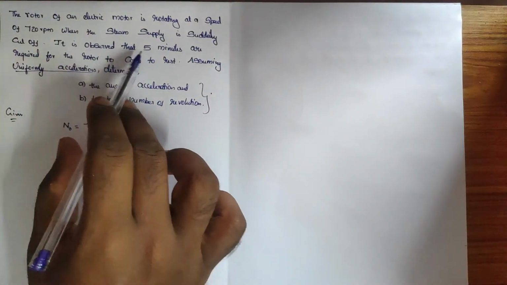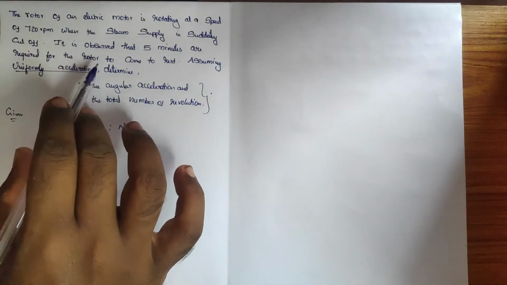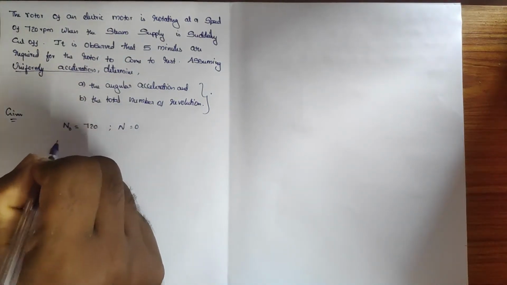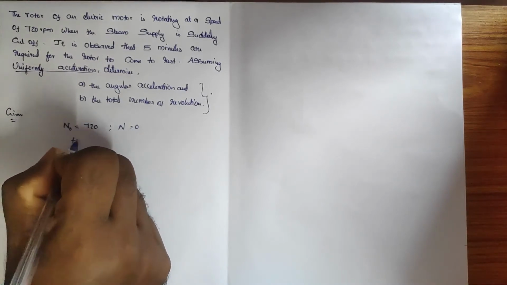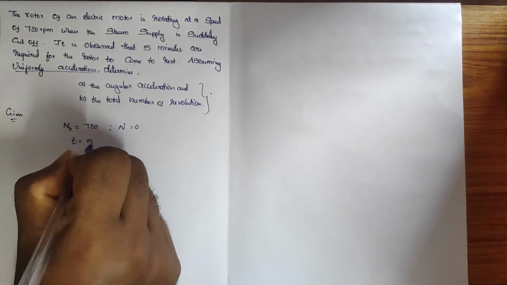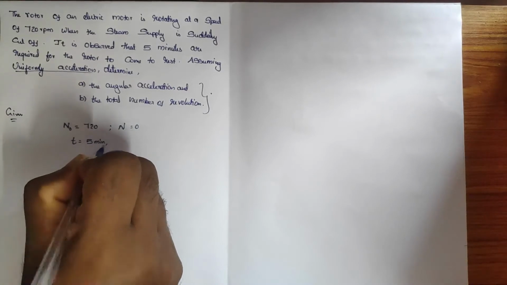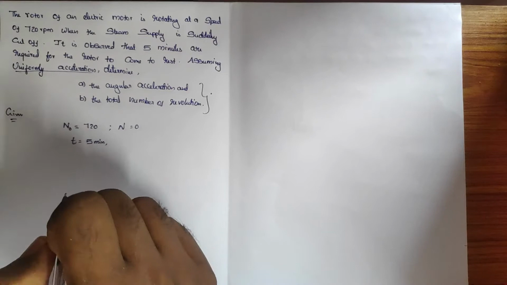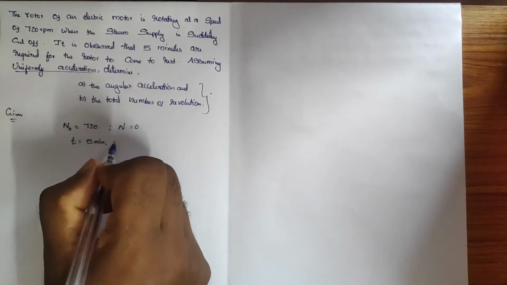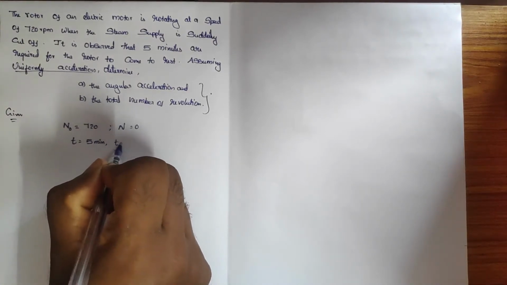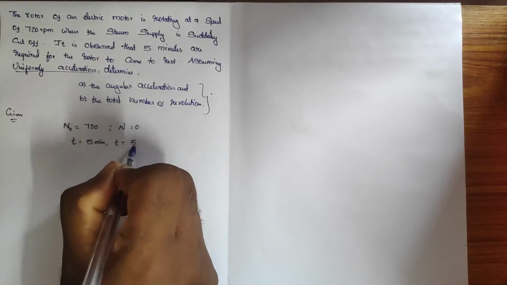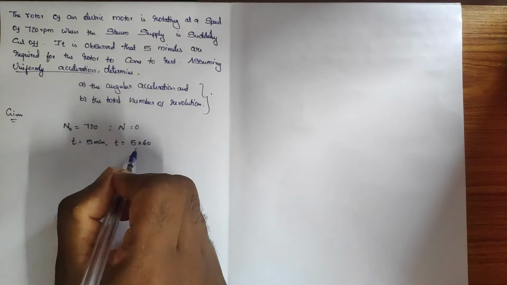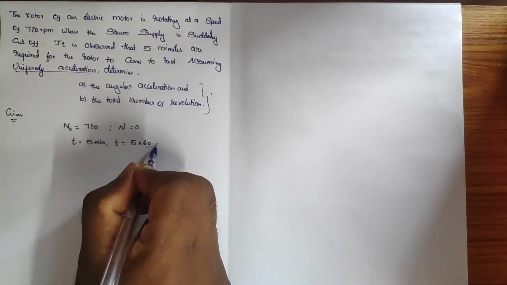Then it is observed that 5 minutes is required for the rotor to come to rest. So the time taken is t, 5 minutes. We always need to keep the time in seconds, the standard format. So to convert it, t is equal to 5 into 60, since to convert minutes to seconds we multiply by 60.